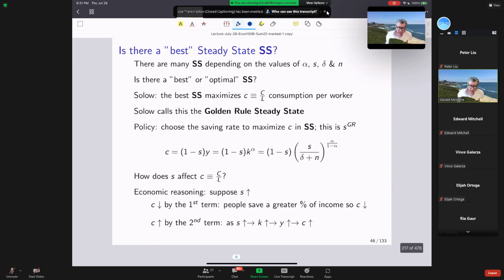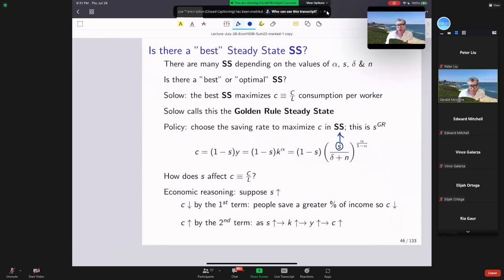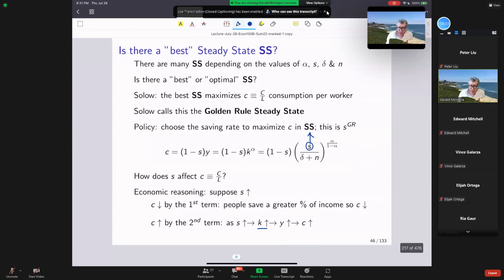That second term says as savings inside increases, there'll be more capital per worker. Remember, the savings function will shift up from S1 to S2 and give a break-even line. We'll move from 1 to 2, and output per worker will rise, and consumption per worker will rise.